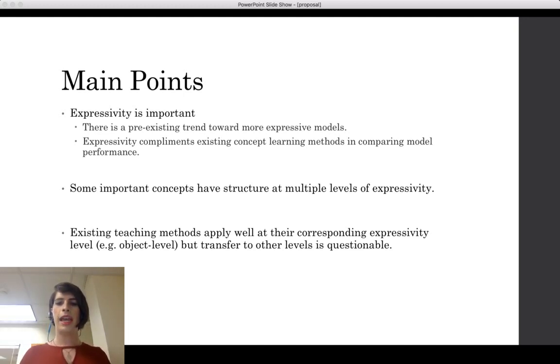What I'm really interested in is exactly in what way respecting the relational representation would allow or promote a transfer of learning from the object level. Both of them actually respect that in different ways.